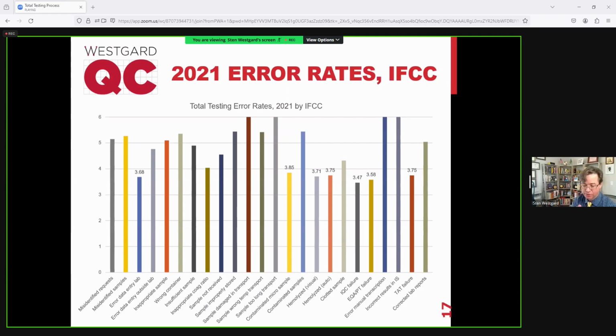Those continue to be the biggest sticking points in our total testing processes. Another one, hemolysis. If anything, it's a little sad because our hemolysis success rate, we saw in previous studies, was in the 4 sigma zone. Here, this study is saying 3.71, 3.75. That's the two different ways that you're doing your hemolysis check.